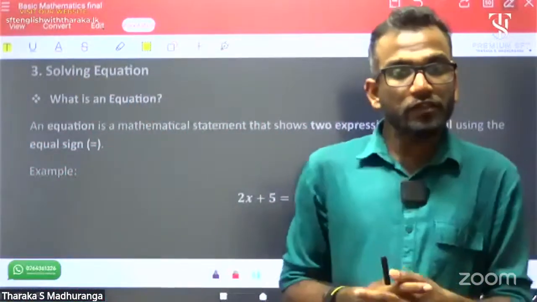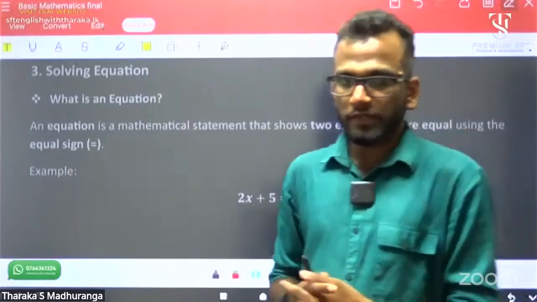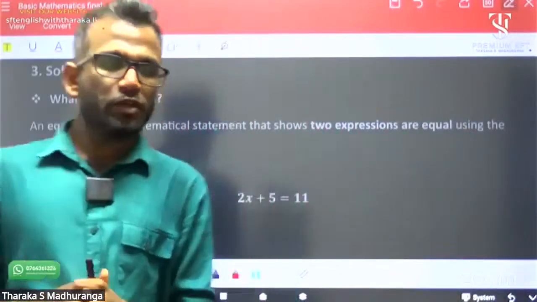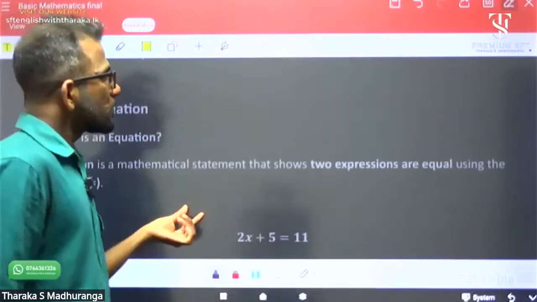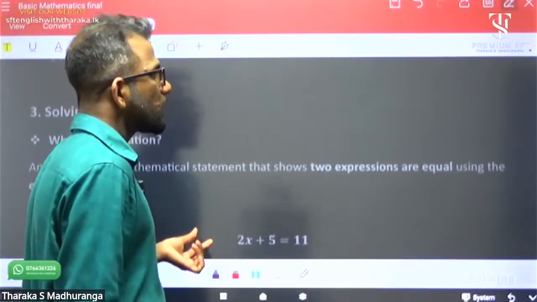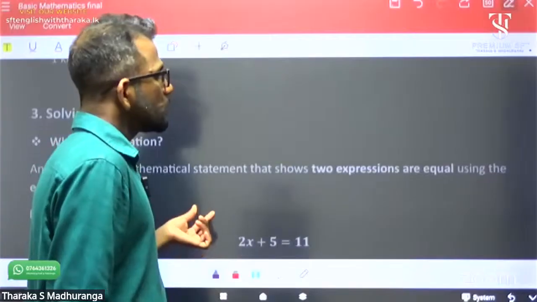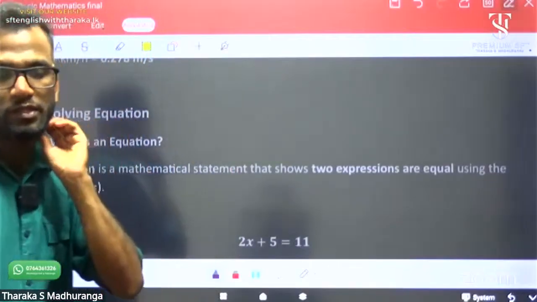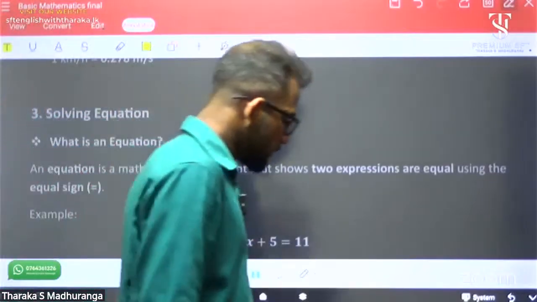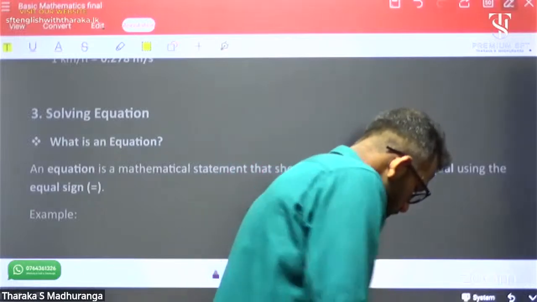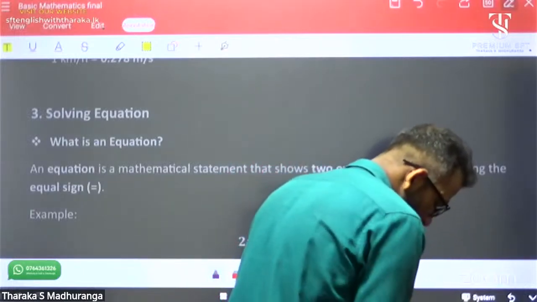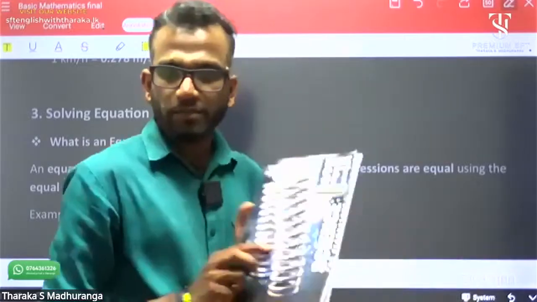From next week, we are going to start our area and volume lesson. For the area and volume lesson, you need the full tube, like this. This one is not area volume, it is mechanical properties.